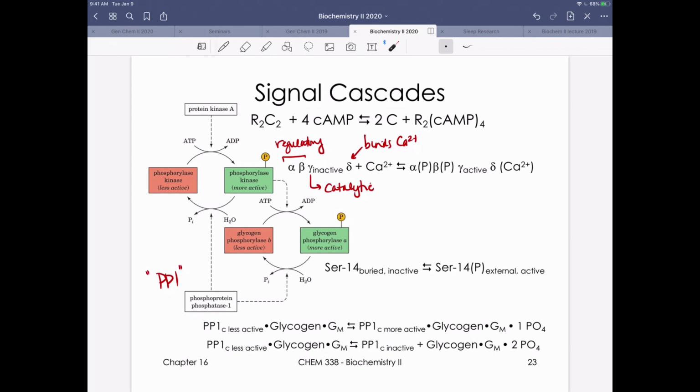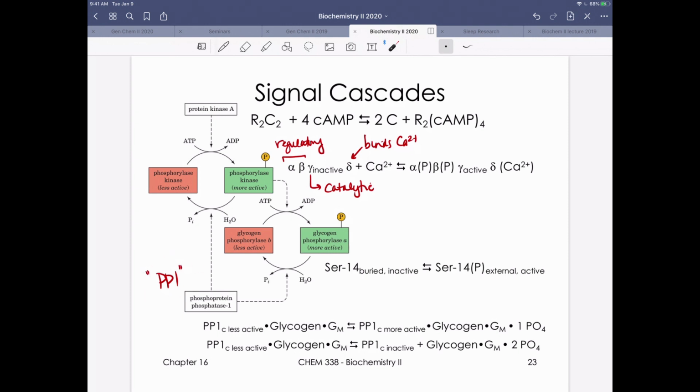Phosphatases do that. The phosphatase that's really important in this whole process is called PP1, which stands for phosphoprotein phosphatase 1. PP1 is one of these universal phosphatases that's going to dephosphorylate a lot of things, just like pKa is going to phosphorylate a lot of things.